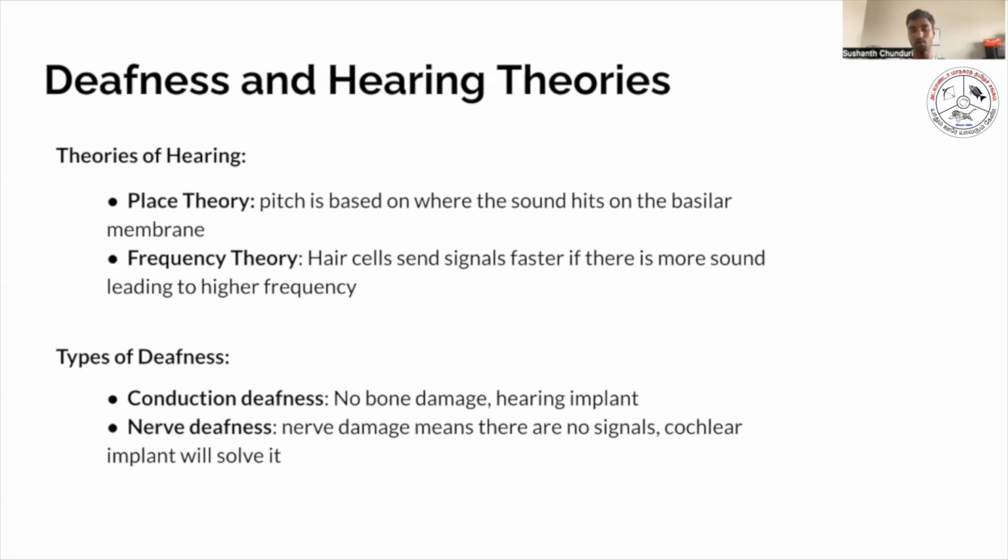The easy way to fix this is getting a hearing implant. Nerve deafness is when there is nerve damage, so no signals are being sent to the brain, and a cochlear implant will generally solve this problem, because the cochlea can send the nerve signals through the auditory nerve, and then that goes to the brain, and it can be processed.